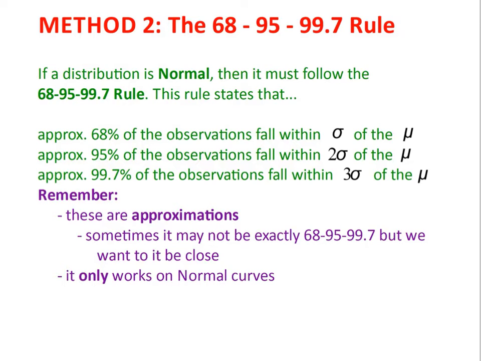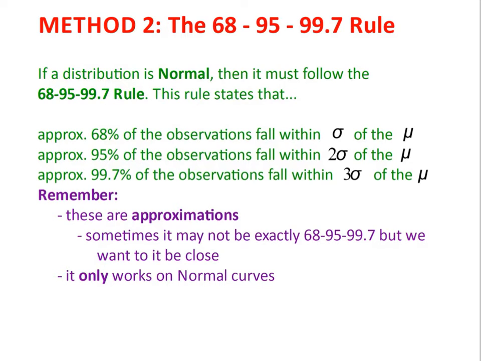Method 2 is called the 68, 95, 99.7 rule. So take a minute to write this down and then I will explain it. Okay, now that you've written it down, if a distribution is normal, then it must follow the 68, 95, 99.7 rule. Well, what is that rule?